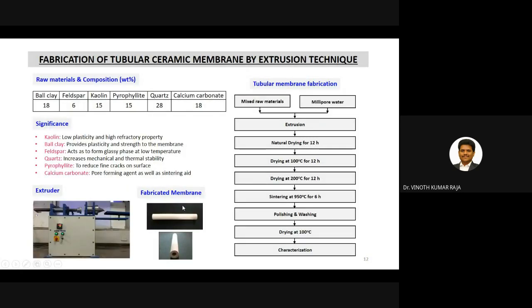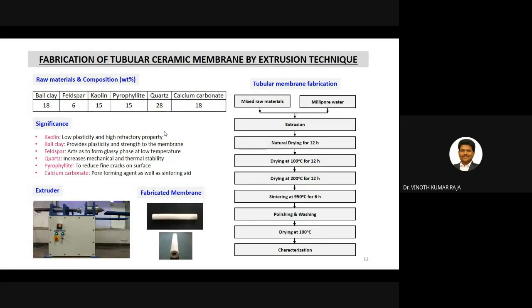So here you can see the fabrication of tubular ceramic membrane by the extrusion technique. We have identified the raw materials such as kaolin, ball clay, feldspar, ferroplate, quartz, and calcium carbonate. These are the raw materials we have procured from the vicinity of Kanpur, locally and abundantly available.